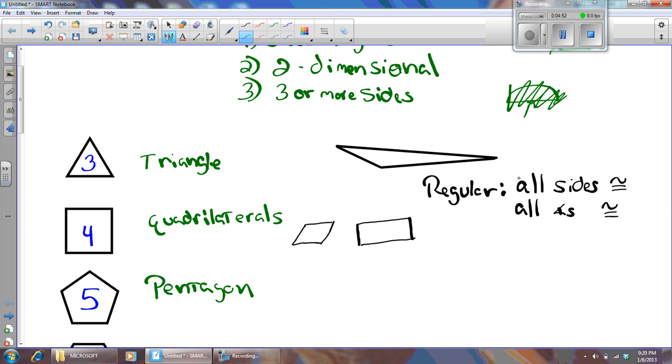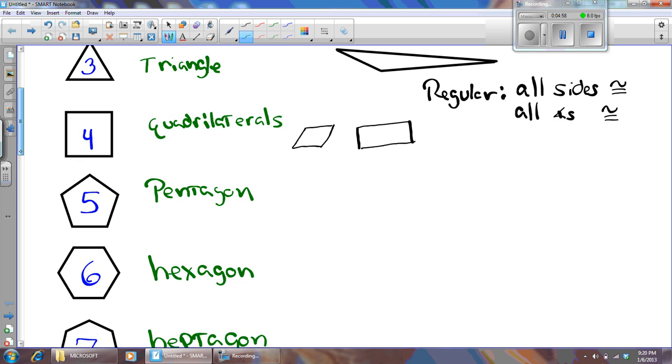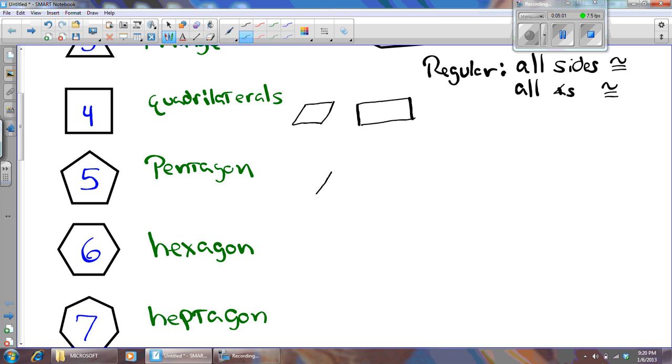To be regular, you have to have all sides congruent and all angles congruent. So, this is a pentagon: 1, 2, 3, 4, 5. Doesn't look like what you think of as a pentagon because you're used to seeing a regular pentagon, but this is also a pentagon. So you just count the number of sides.